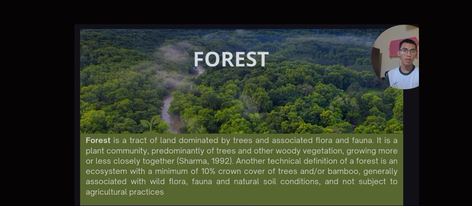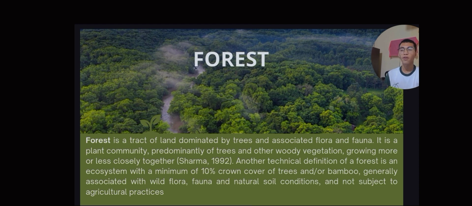The other technical definition of forest is an ecosystem with a minimum of 10% ground cover of trees and bamboo, generally associated with wild flora, fauna, and natural soil condition, and not subject to agricultural practices.